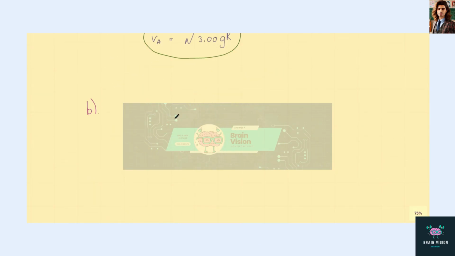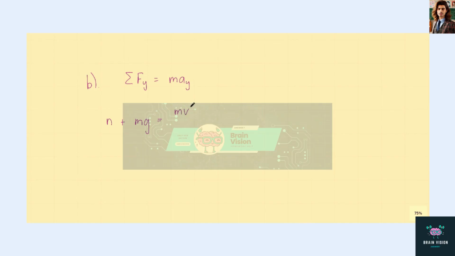So we use Newton's second law, and we take the sum of all the forces in the vertical or y direction, and this must equal m a_y, where m is the mass of the bead and a_y is the y component of its acceleration. So the normal force N plus the magnitude of the weight mg must equal m v squared over r for the centripetal motion of the bead.